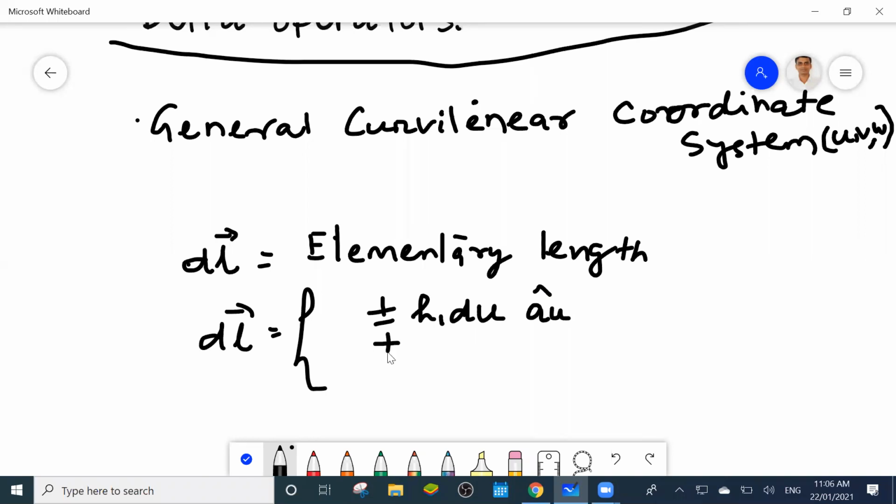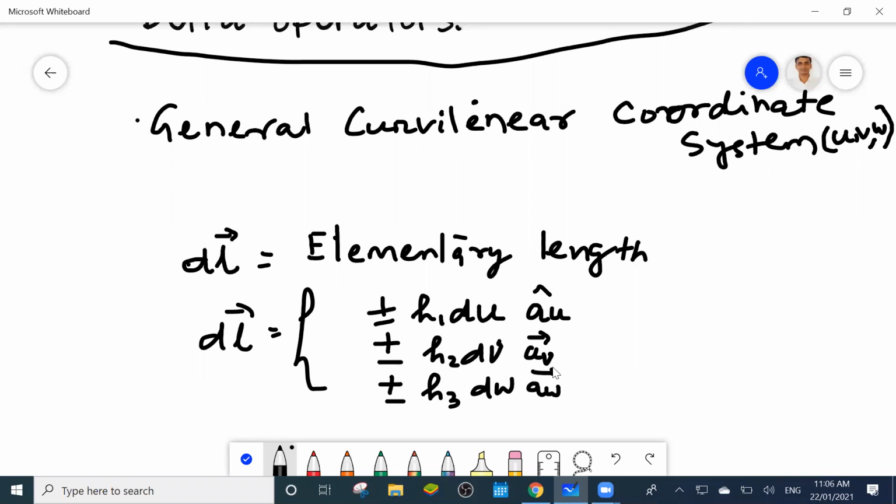Other one is, listen carefully, plus minus H2 dv av. This is another component. Then another one is plus minus H3 dw aw. Why am I writing these things?